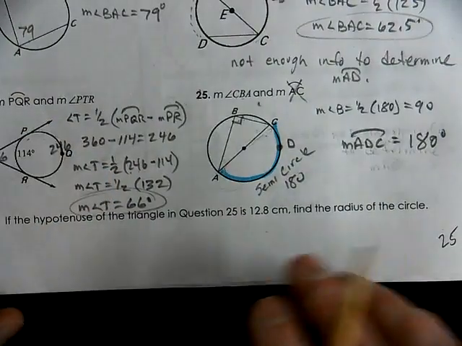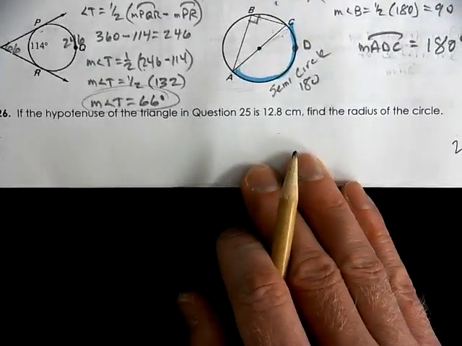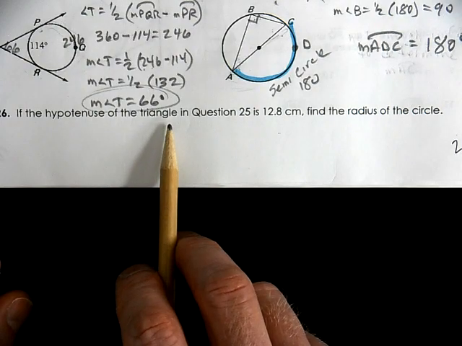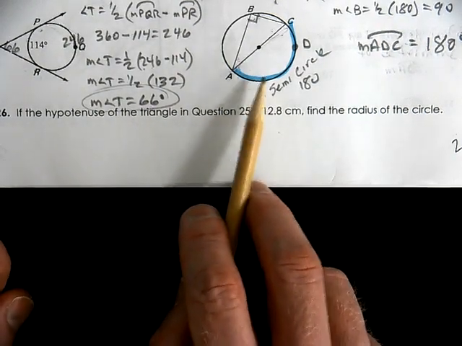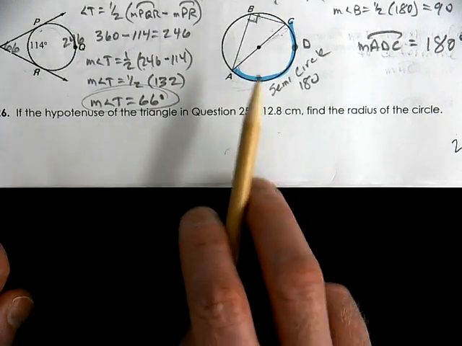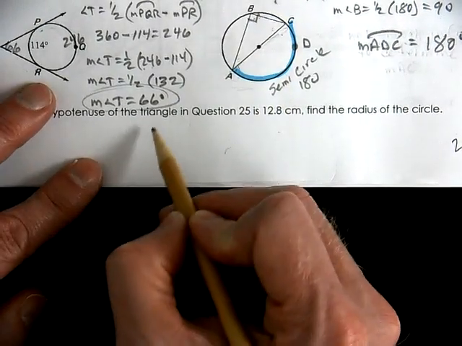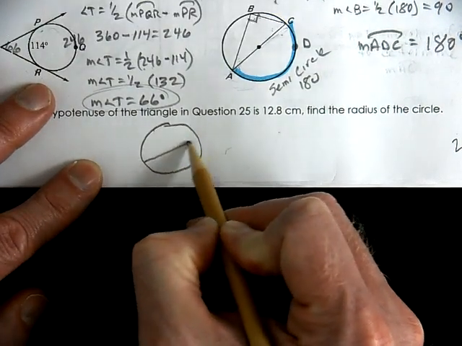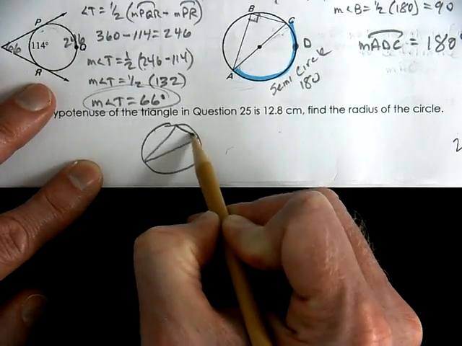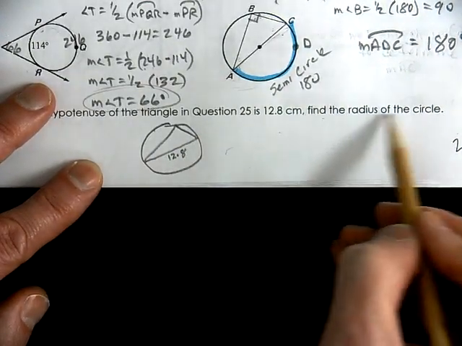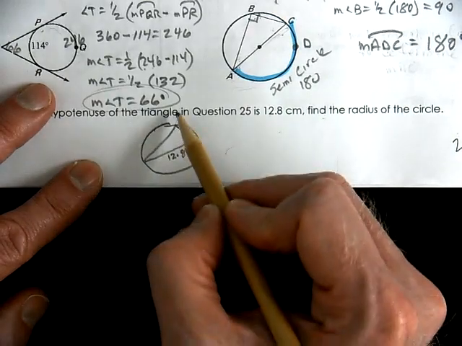What is that? Okay, last one. In question number 25, if the hypotenuse of the triangle is 12.8, then what is the radius of the circle?